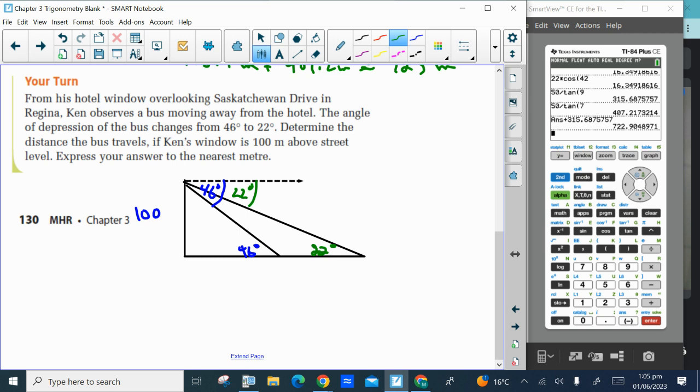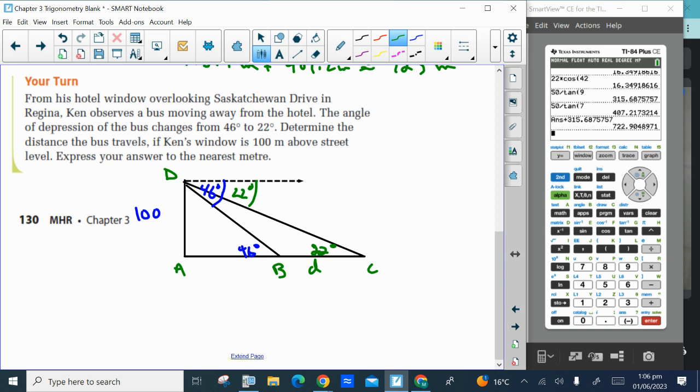We want to find the distance the bus traveled, which is the way I've labeled my triangle here. We need to find the distance from B to C. And B to C is not part of a right triangle, that side. It's part of a triangle that's not right angled.